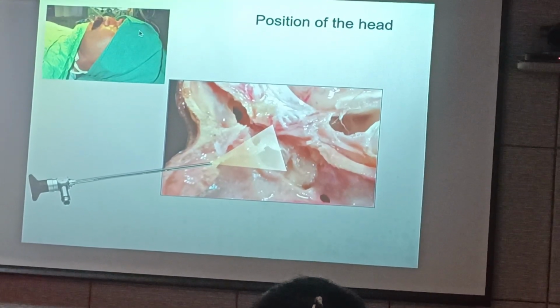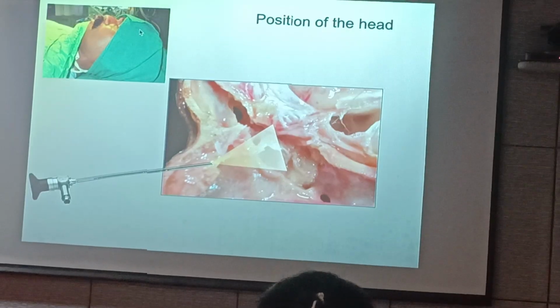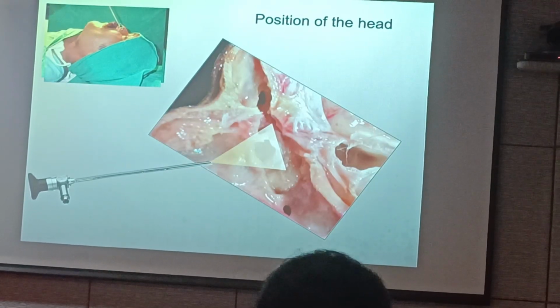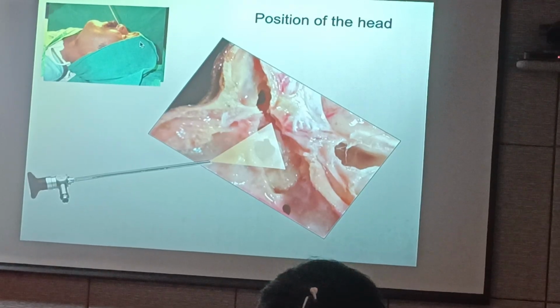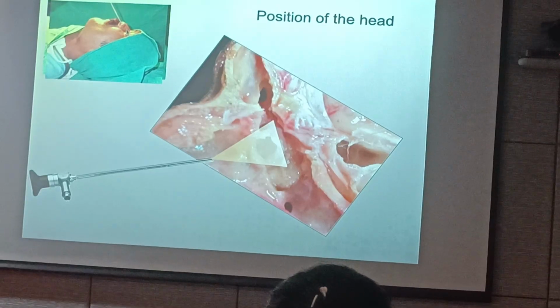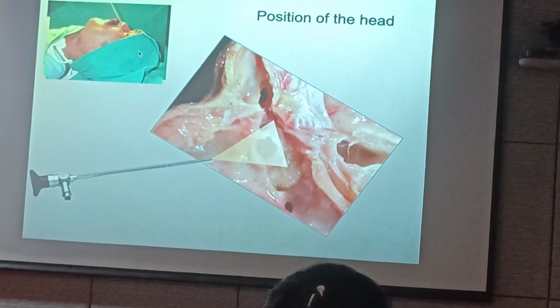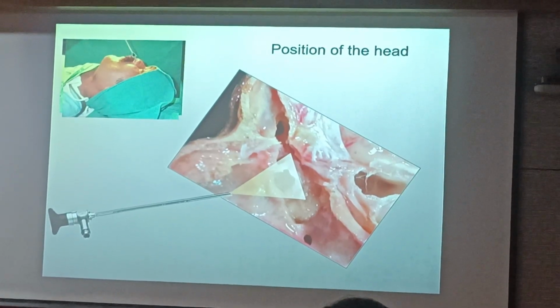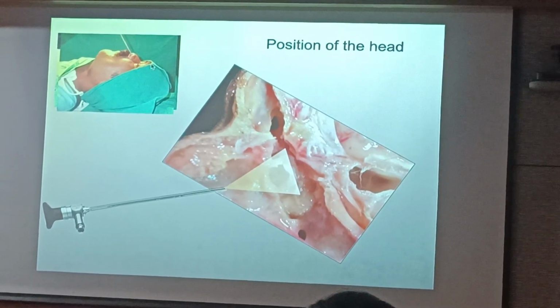But when you're operating in the frontal recess, for that portion of the surgery, you extend the head. If you do the rest of the surgery like this, you'll damage the skull base. But for the frontal sinus, when you extend the head, your trajectory of the scope and your instruments are more towards the frontal sinus.